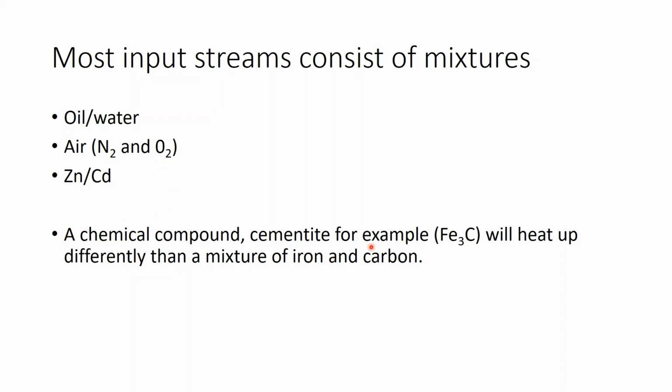One thing also to point out, and you'll have a problem to work out, is chemical compounds. So let's look at cementite, Fe3C. It will heat up differently than a mixture of iron and carbon. If I have 100 grams of Fe3C and a bag of iron and carbon of the same stoichiometric ratio, those two things are going to heat up differently.